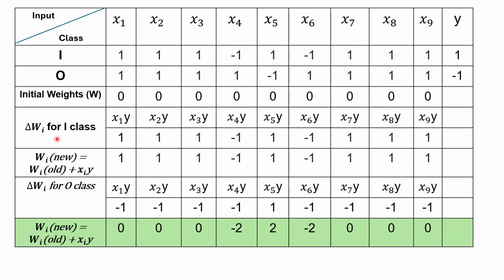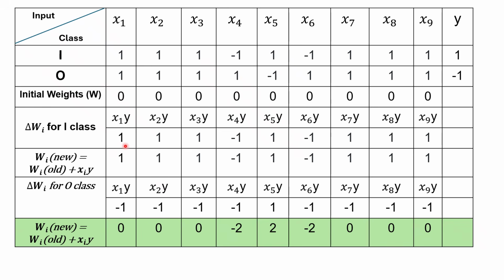Now we shall determine the change in weight for class I. So for change in weight, the formula is xi into y. So x1 into y will be del w1. Similarly, x2 into y will be del w2. x3 into y will be del w3. x4 into y will be del w4. x5 into y will be del w5, etc. So del w1 is x1, x1 is 1 into y is 1.